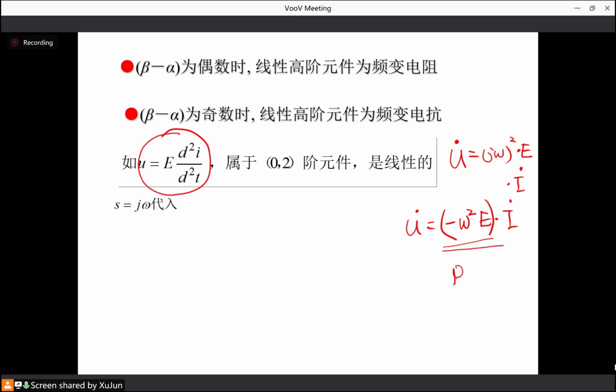It seems like a resistor, and this resistor will change with frequency. So we call this a frequency-based resistor.